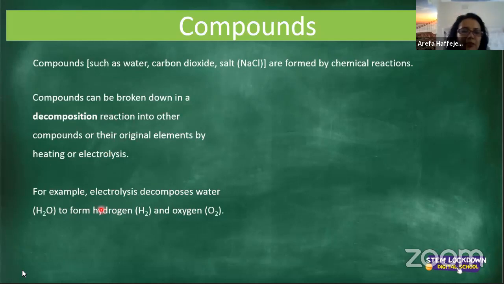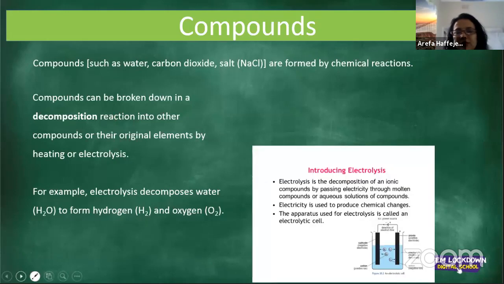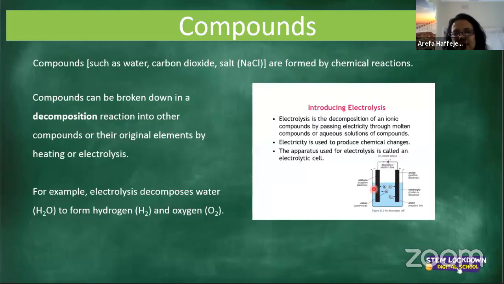For example, electrolysis decomposes water to form hydrogen and oxygen. If you look at this diagram here on your right, electrolysis is the decomposition of an ionic compound by passing electricity through the molten compound or an aqueous solution of the compound.